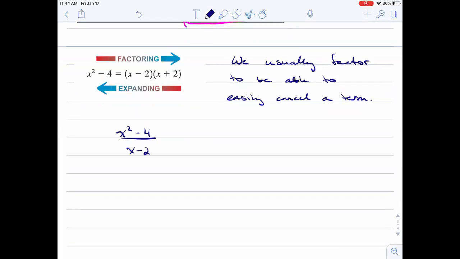that's actually kind of hard to do because you can't just cancel an x, since there's subtraction in there. Whenever there's addition or subtraction, we would have to cancel on both terms. So in this case, that's kind of hard to do. But if we know that x squared minus 4 can be rewritten as (x minus 2) times (x plus 2), then we get (x minus 2) times (x plus 2) divided by (x minus 2), and I'll put it in brackets just to show.